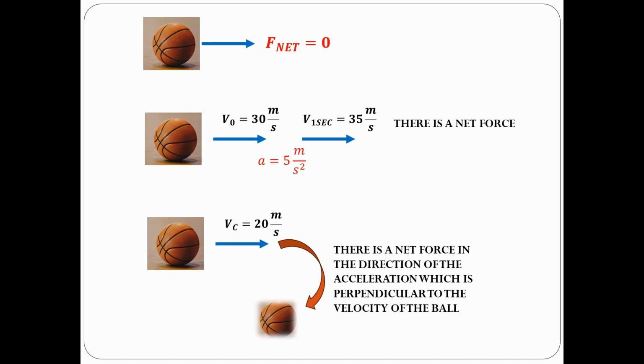The best example wherein an object is moving at constant speed but changes direction is the orbiting of planet Earth around the Sun. There is a net force that makes the Earth turn in a circle around the Sun, and that is the force of the gravitational field. Keep in mind that there is always a force of gravity between two objects.